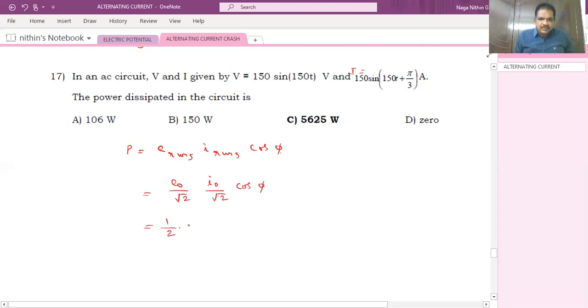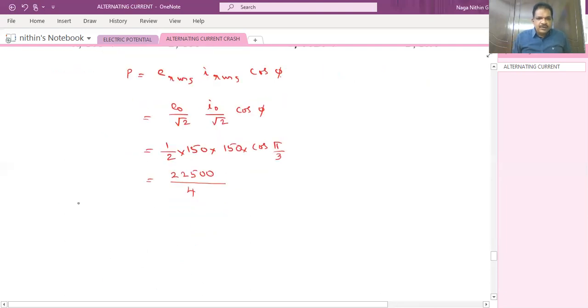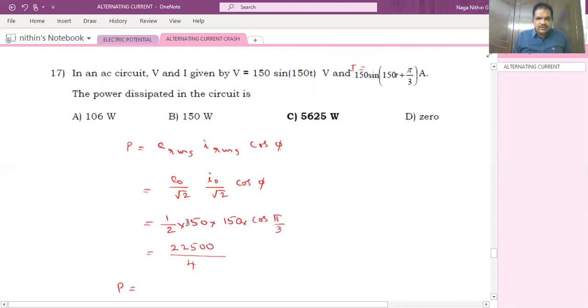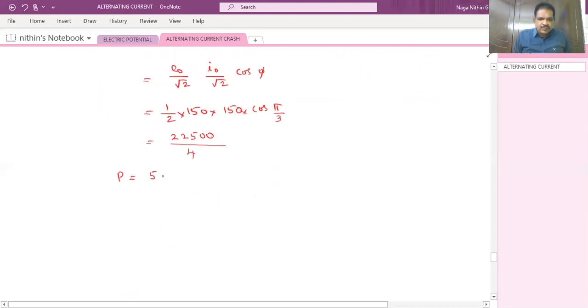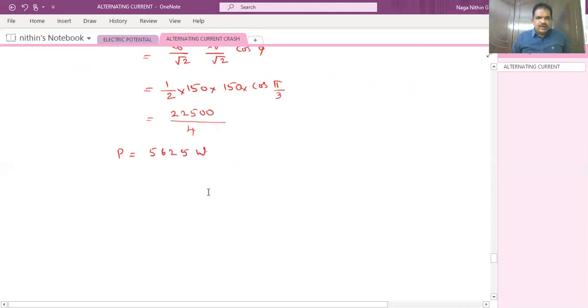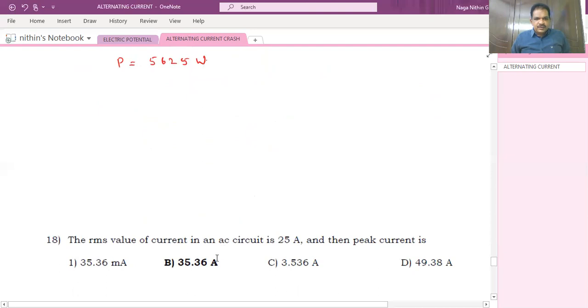This is 1 by 2. E naught value 150, I naught value 150, cos pi by 3. So this value 22500 divided by 4. So if we calculate this value, P is equal to 5625 watt.